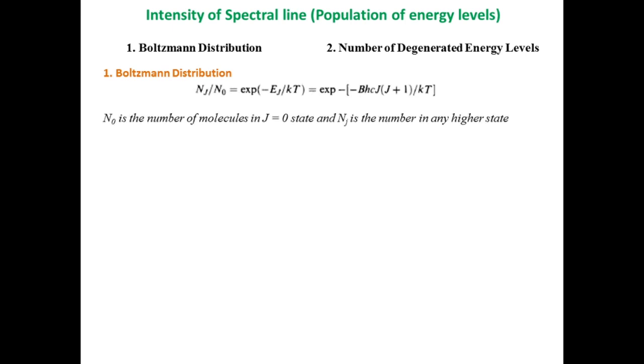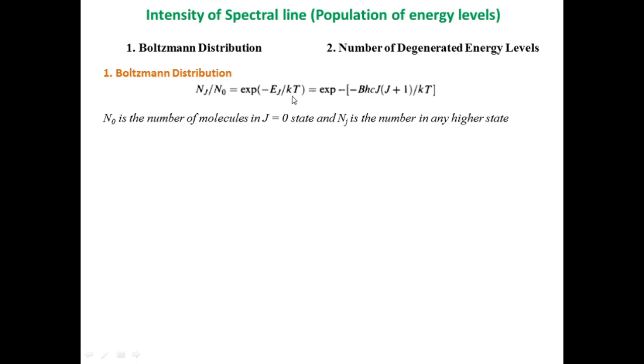Boltzmann distribution is given by the expression Nj by N0 is equal to e raised to minus Ej by kT, and we know the energy level equation, so that is equal to e raised to minus Bhc j into j plus 1 by kT.